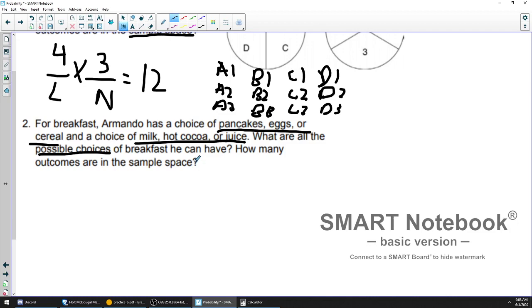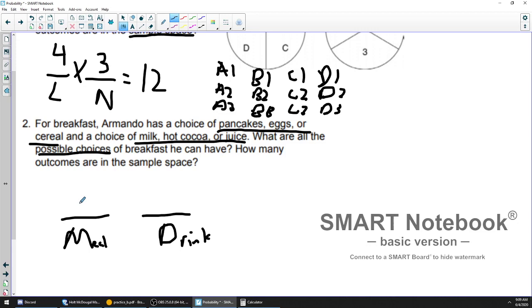He has to choose a type of breakfast. Well, let's see, main meal, the main breakfast meal. So I'll just put M. And milk, hot cocoa, or juice, that looks like a drink. So we have our meal, and we have our drink.